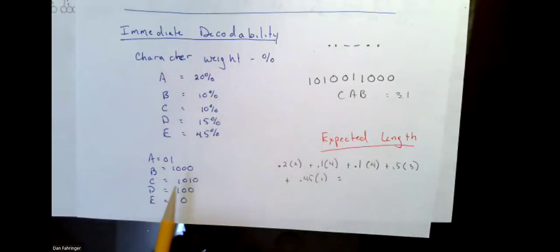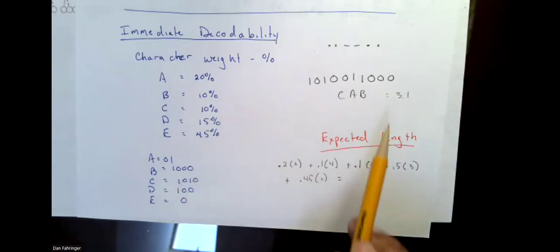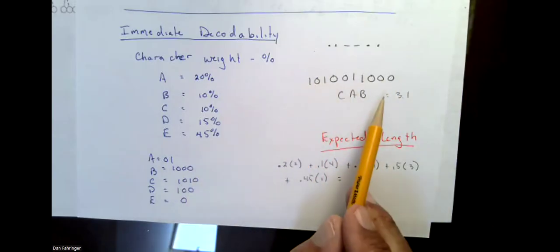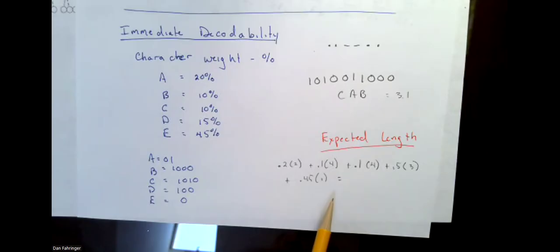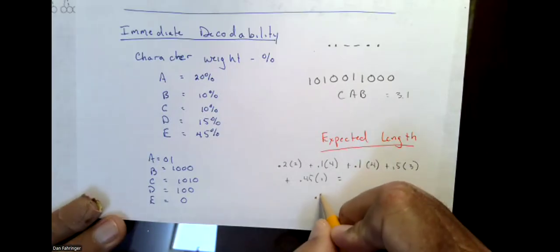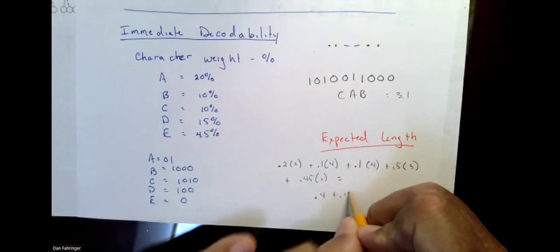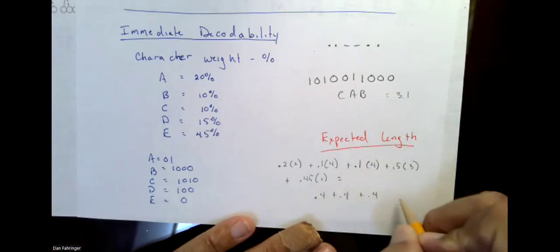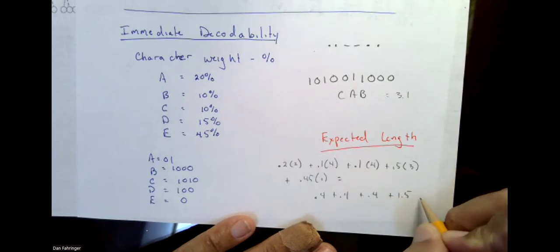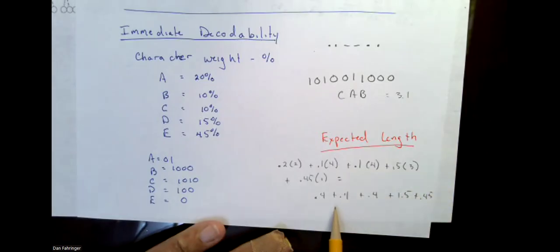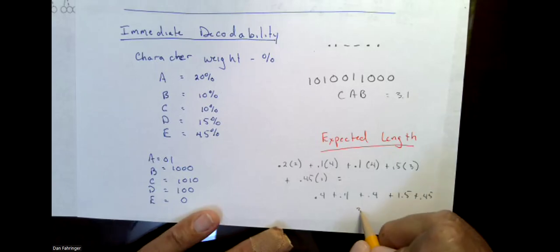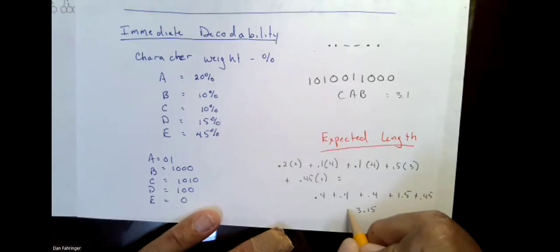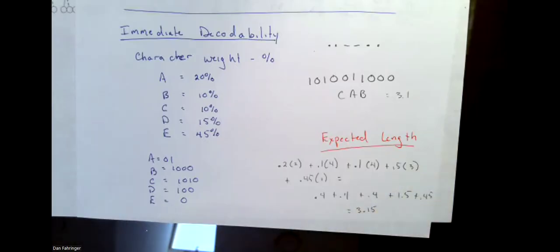I'm going to be able to say, given this, I want to create something that is immediately decodable, but also has a small expected length. So this becomes 0.4 plus 0.4 plus 0.4 plus 0.45 plus 0.45. So that's 1.2, 2.7, 3.15, if I did my math right.